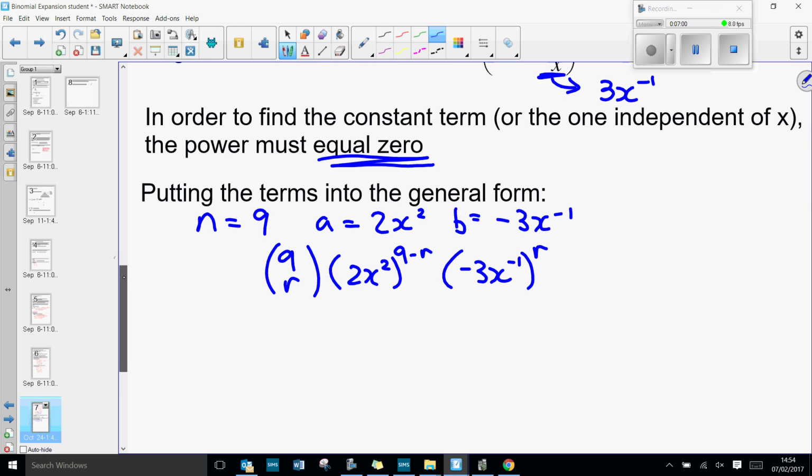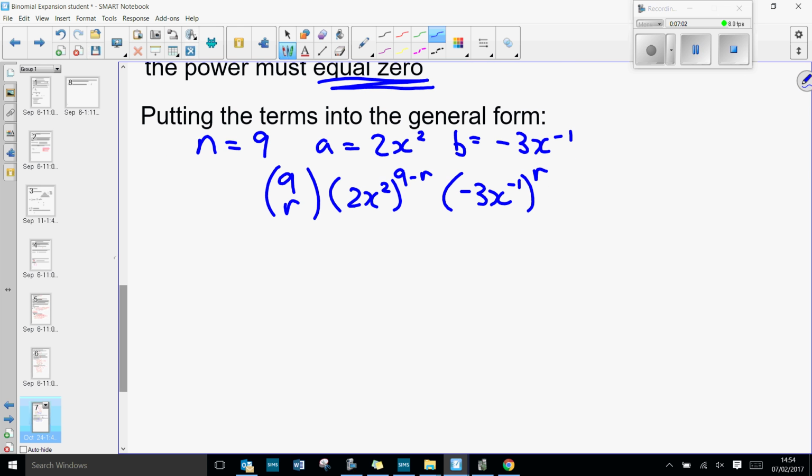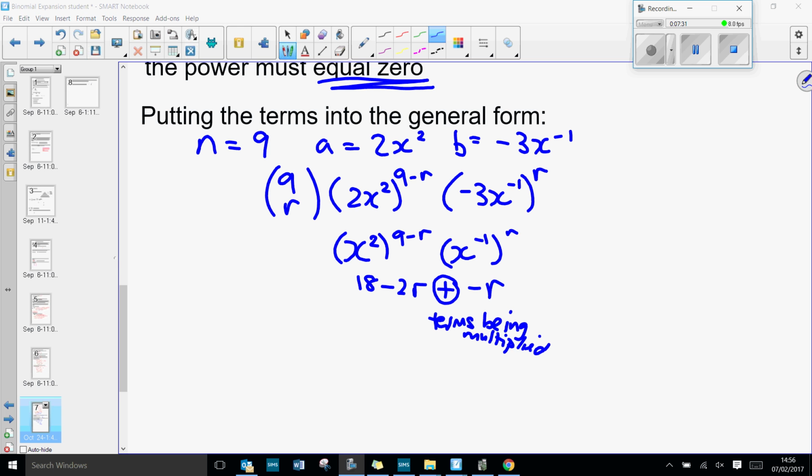Concentrating on just the powers of x, we would have x squared to the 9 minus r and x to the negative 1 for r, so we've got 18 minus 2r plus negative r. Are you happy that I've just gone straight to that? So I'm just looking at these. Can you pause for a second? But it's minus, so isn't it really minus?